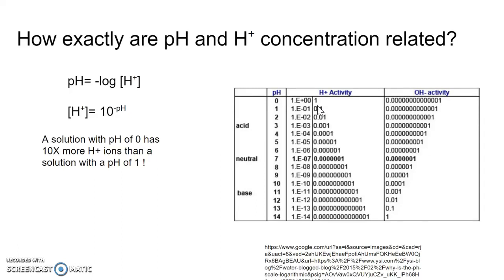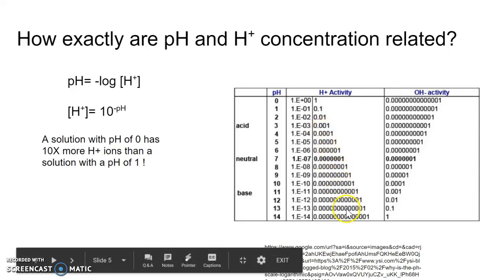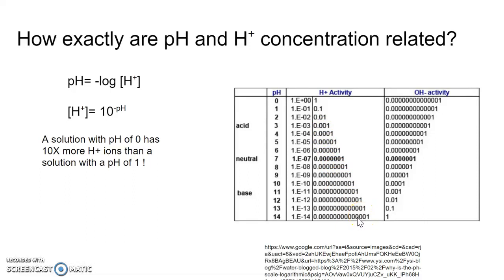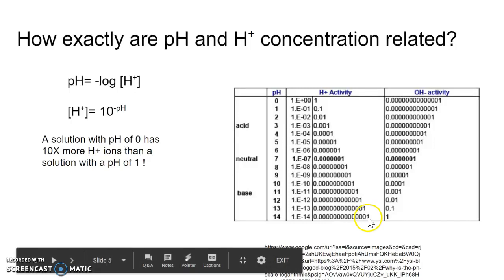Whereas the further I go down, that's the concentration of hydrogen ions in solution. And so that should make a lot of sense why a base has a very, very low hydrogen ion concentration. There's tons of zeros here, right? That is something to keep in mind, why a pH of 14 would be such a low number.